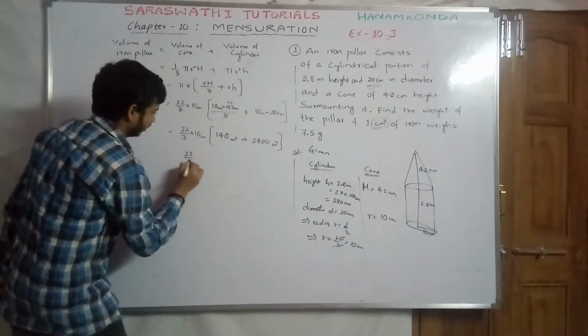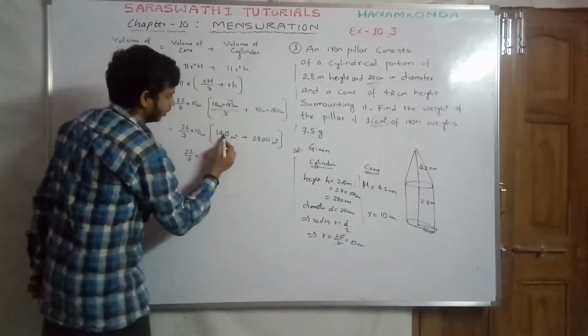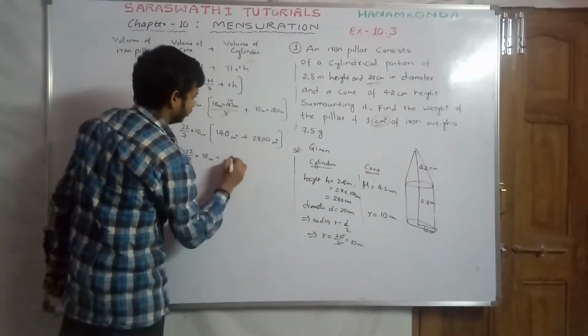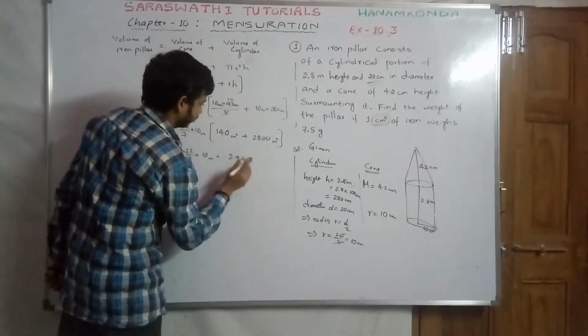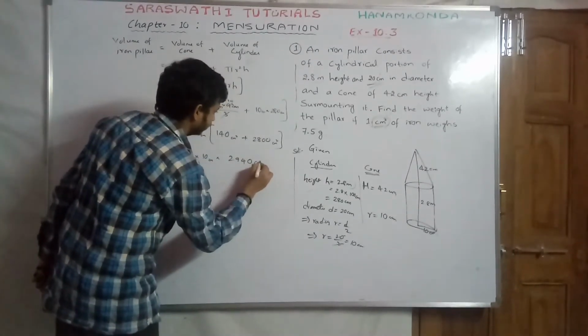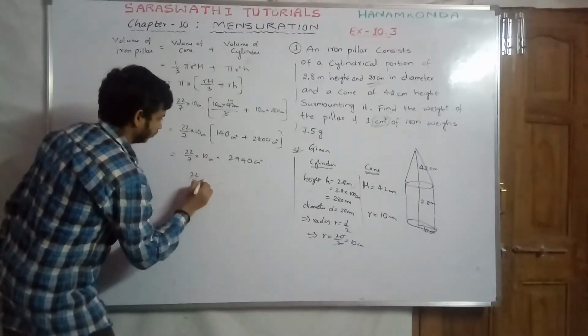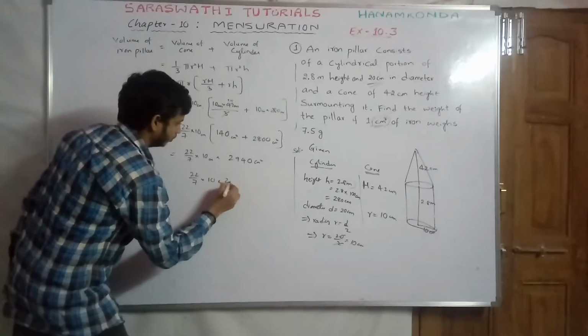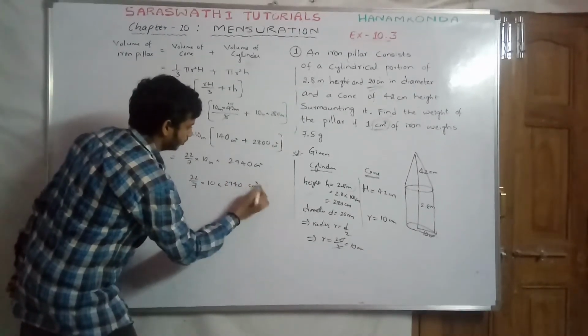So 22 by 7 into 10 centimeters into 140 plus 2800, that means 2940 centimeters square. Now 22 by 7 into 10 into 2940, centimeter into centimeter square is cubic centimeters.